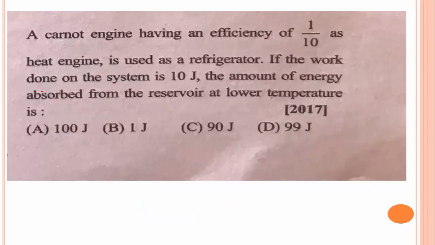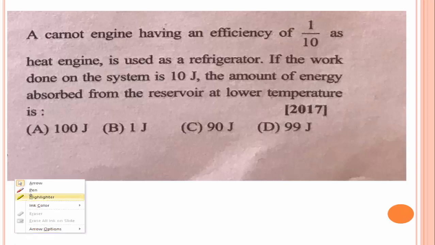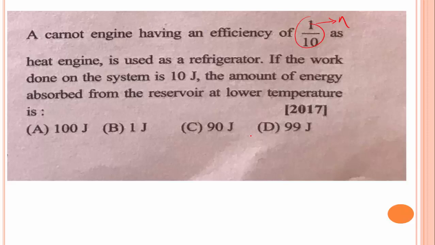And the next problem: a Carnot engine having an efficiency of 1 by 10 as a heat engine is used as a refrigerator. If the work done on the system is 10 joule, find the amount of energy absorbed from the reservoir at lower temperature.